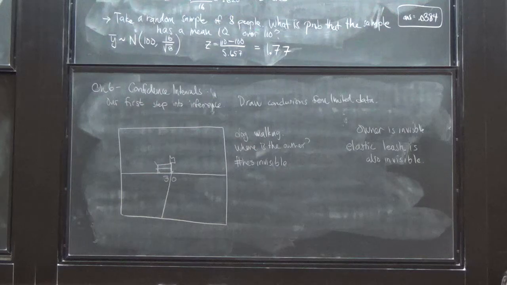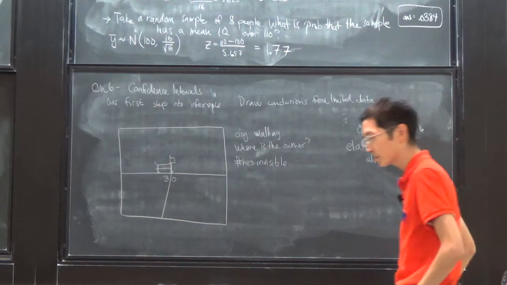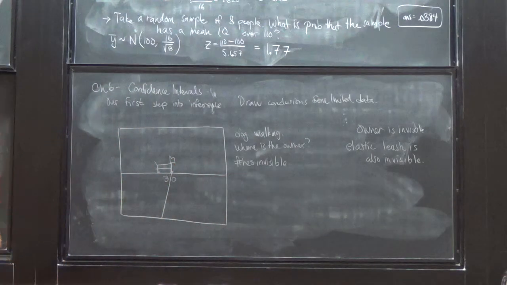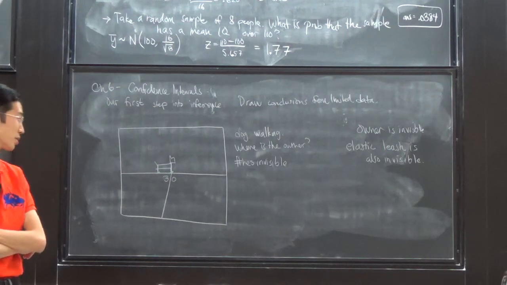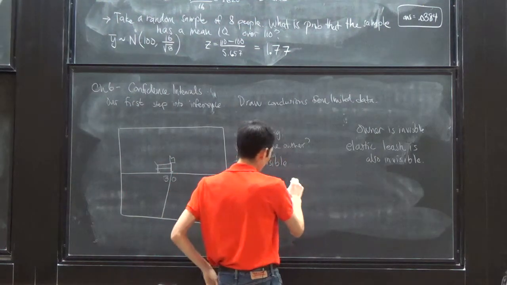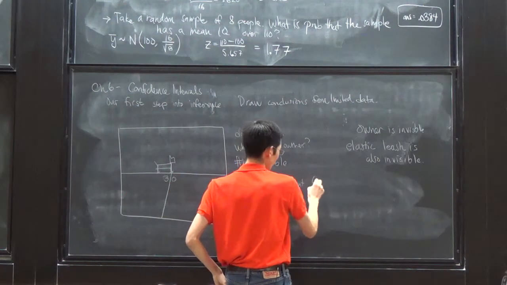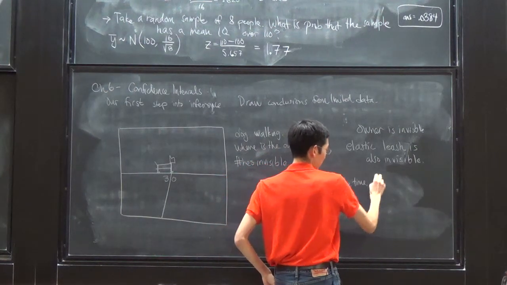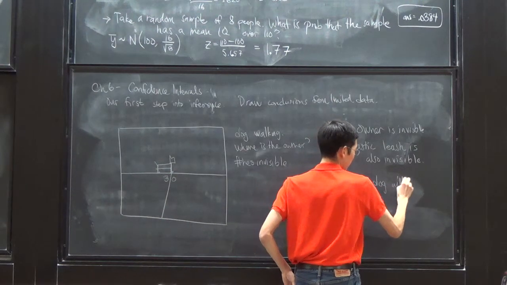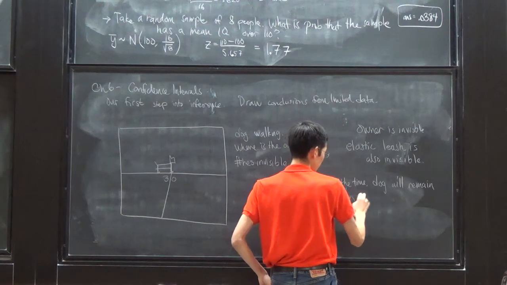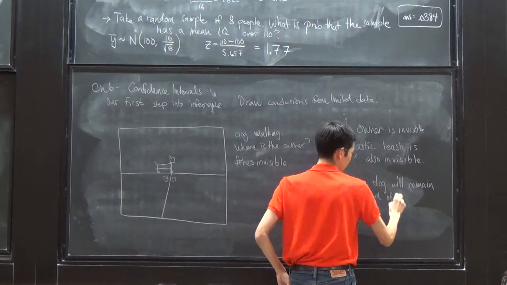But we know some properties about this elastic leash and the behaviors of the dog, okay? So we know the dog doesn't like to pull too hard against the leash because it kind of chokes him. So we know that the behavior of the dog is that about 68% of the time, the dog will remain within 1 yard of the owner.